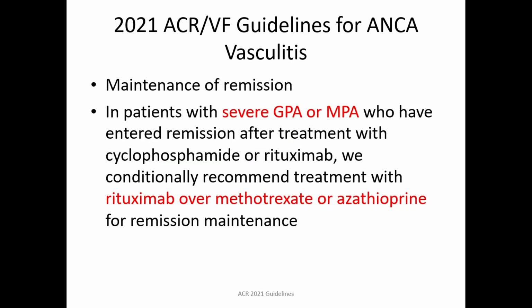In severe GPA or MPA who have entered remission after treatment with cyclophosphamide or rituximab, the ACR conditionally recommends treatment with rituximab or methotrexate or azathioprine. So that means that if your patient has become well with cyclophosphamide or rituximab, instead of putting them on methotrexate or azathioprine, you should perhaps continue rituximab.